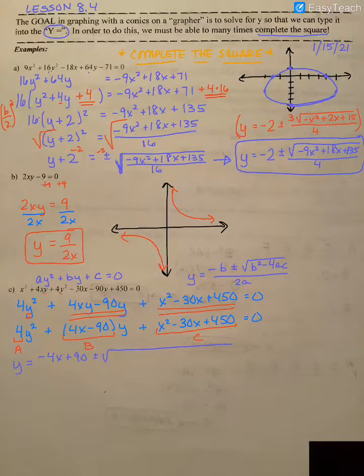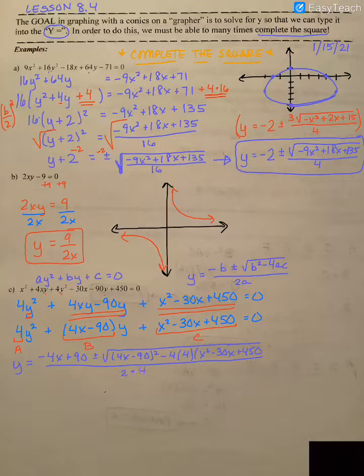So b is 4x minus 90, so I'm going to say 4x minus 90 quantity squared, minus 4 times a, which is 4, times c, which is x squared minus 30x plus 450, all over 2a.